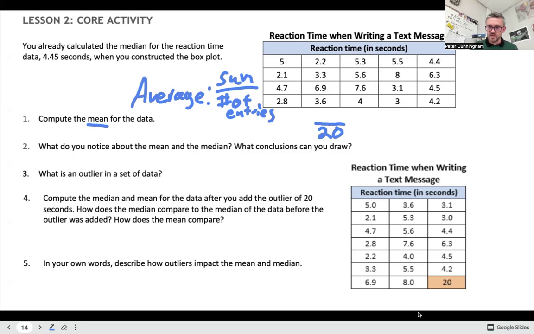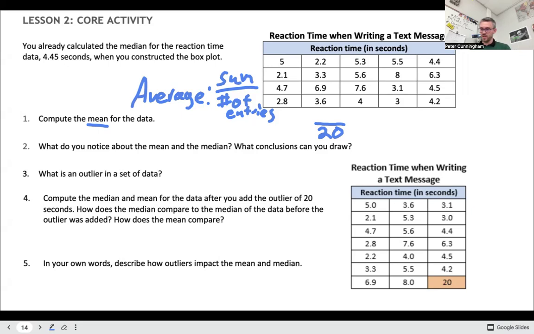We pause it so you guys don't have to, I'll just do it here. 5 plus 2.1 plus 4.7 plus 2.8 plus 2.2 plus 3.3 plus 6.9 plus 3.6 plus 5.3 plus 5.6 plus 7.6 plus 4 plus 5.5 plus 8 plus 3.1 plus 3 plus 4.4 plus 6.3 plus 4.5 plus 4.2.